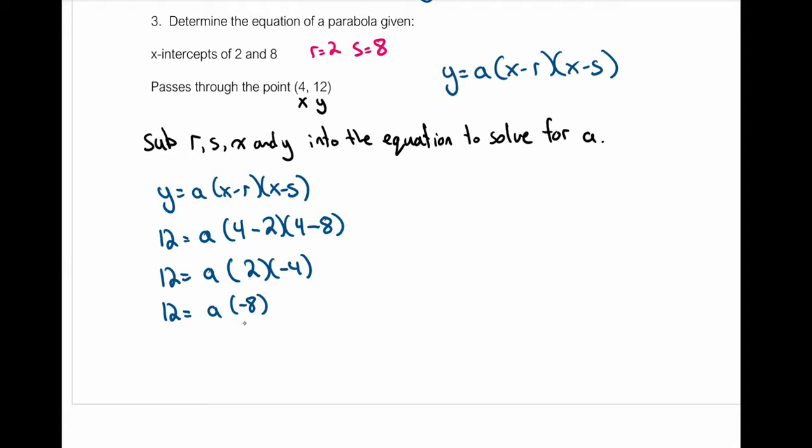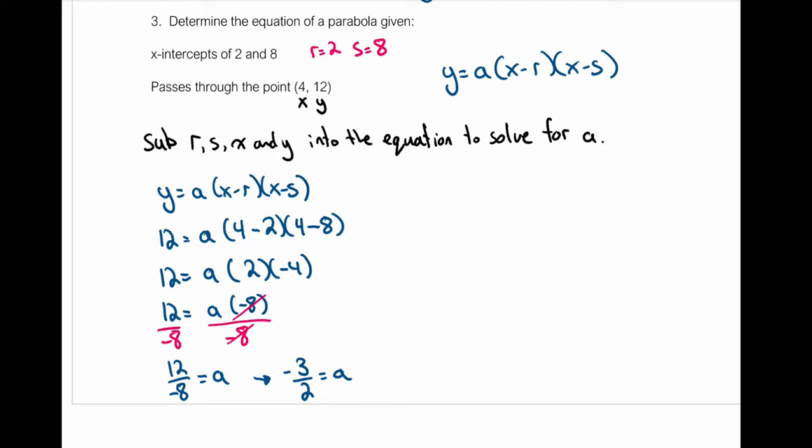If I want to get a by itself, I have to divide both sides by negative 8. One side will cancel out, and I'm left with 12 over negative 8 equals a. If I want to, I can simplify this. Divide both by 4. I get negative 3 over 2 equals a.